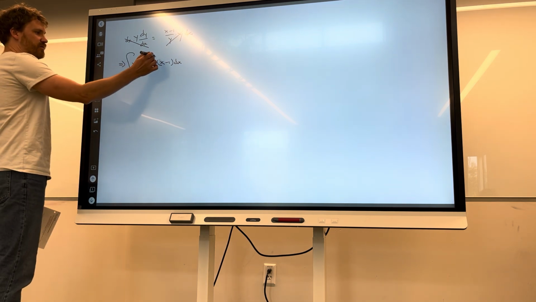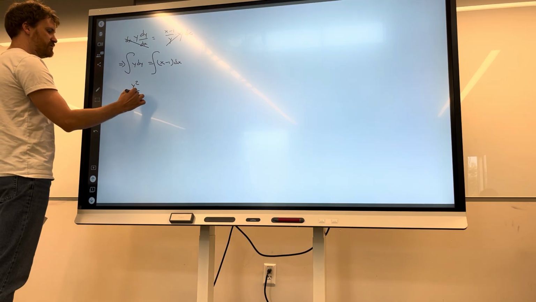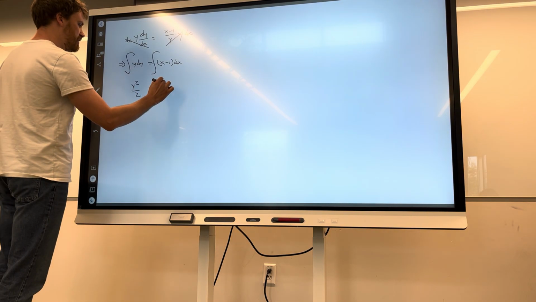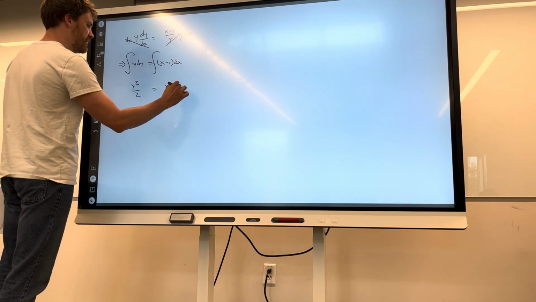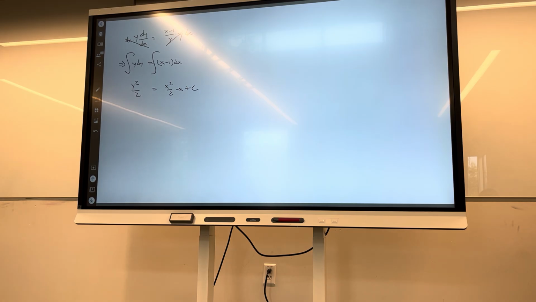Now I'm going to integrate both sides. So the integral of y dy is y squared over 2, and the integral of x minus 1 is x squared over 2 minus x plus c. So I separate my variables and integrate both sides. y squared over 2 equals x squared over 2 minus x plus c.